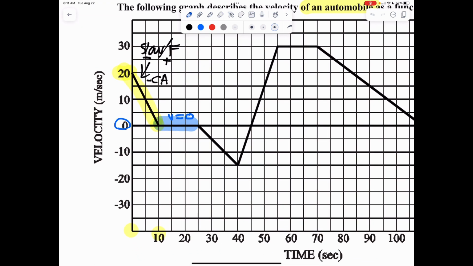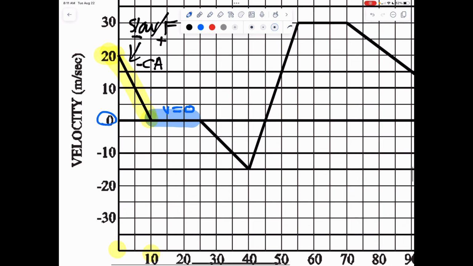So the car slowed down and stopped for 15 seconds. Now the car appears to be going in the negative direction, because the car is at negative 15 meters per second. So the car could be backing up, or maybe it's going to the left. I don't think the car is going downward. That would be pretty dangerous for a car. But the car is most likely going to the left in whatever this coordinate frame of reference is, or most likely just going backwards.